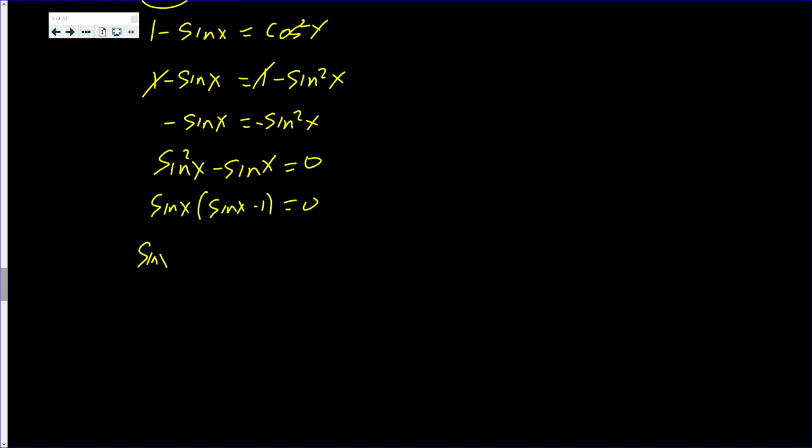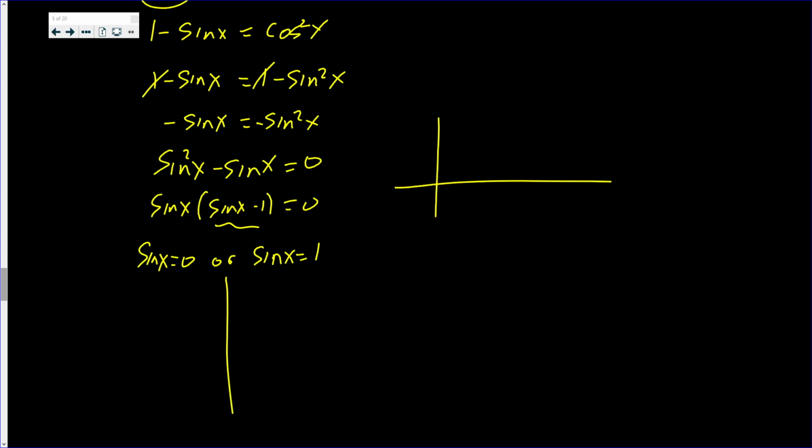So either sine x is 0 or sine x is 1. When is sine x equal to 0? Well, it's equal to 0 at 0 and 180. But no point in saying 360, because I'm going to add 360 to that answer. If k is 0, I get 0.